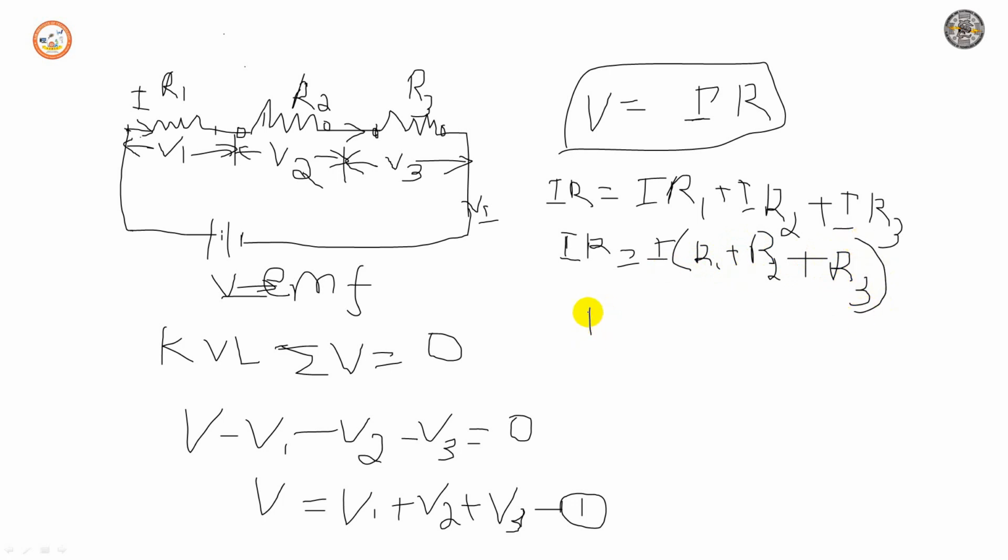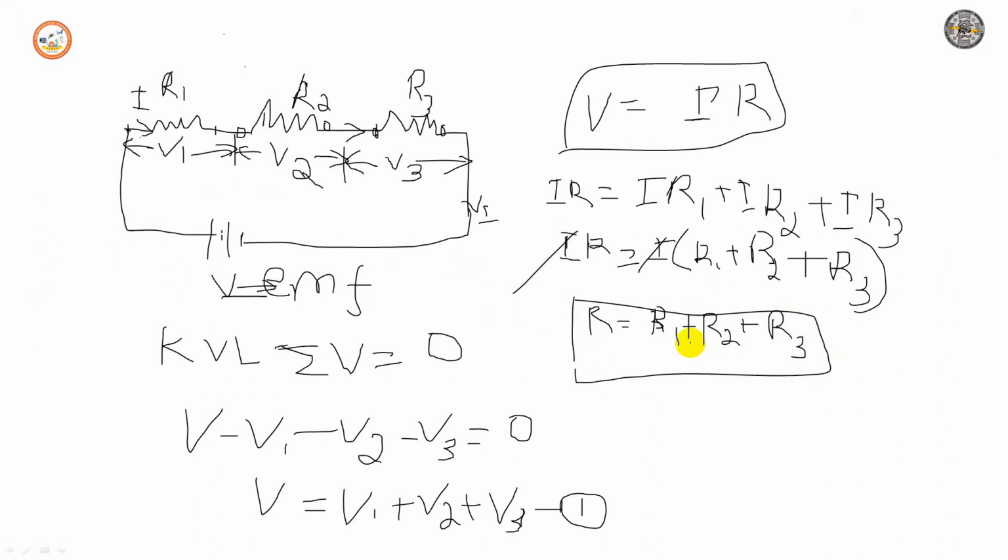The I cancels on both sides, so R will be equal to R1 plus R2 plus R3. So the total or equivalent resistance in the series circuit is R equals R1 plus R2 plus R3.